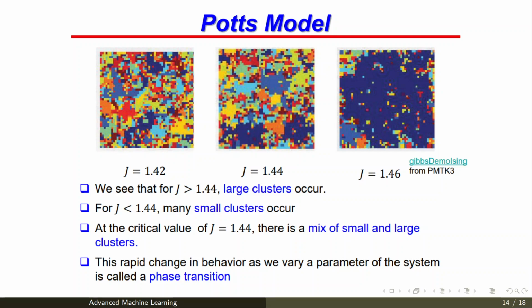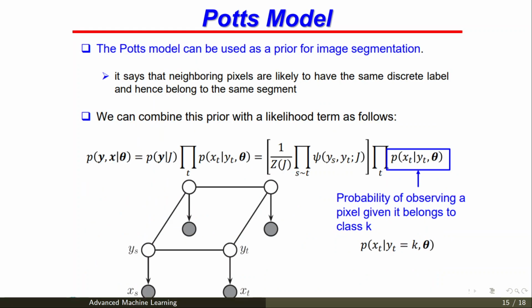Obviously, for some value of J, there is a phase transition, right? And this is an important question in which people do research. People actually try to find out the value at which the phase transition occurs, etc.